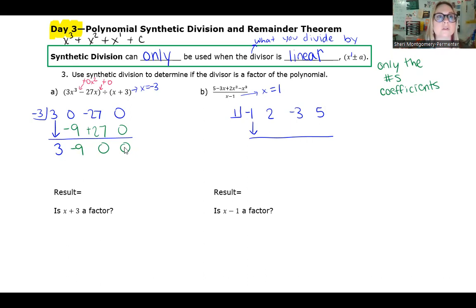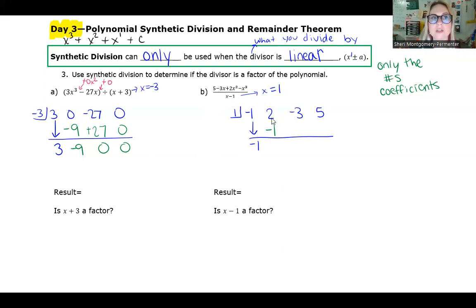So let's do part B. Everything so far is just setting up the problem. Now I'm going to work it. So to work it, -1 times 1 is -1.